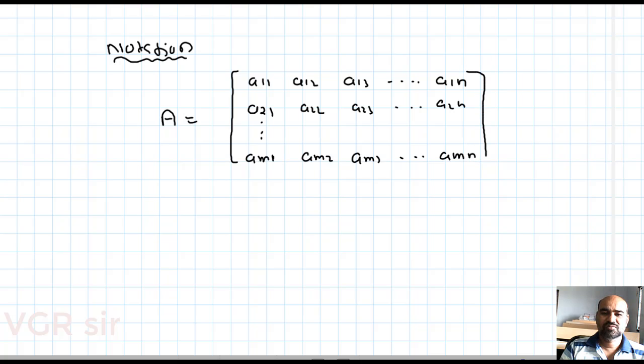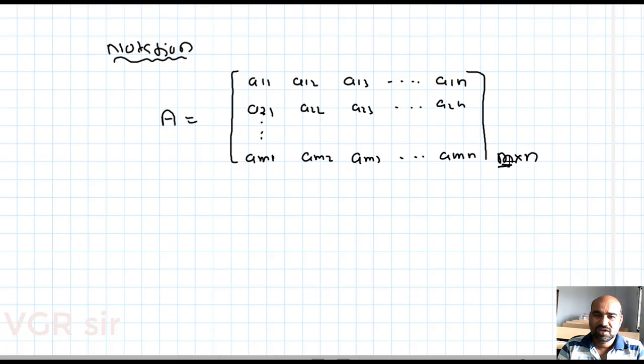Students, observe, this is the general notation of a matrix containing m rows and n columns. Observe here, this is the first row, second row, mth row. m rows are there here.